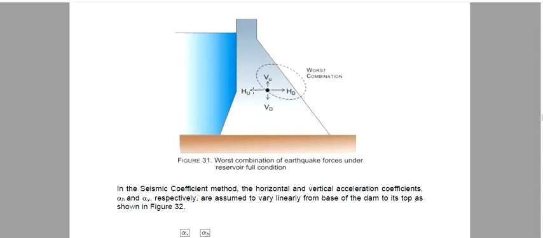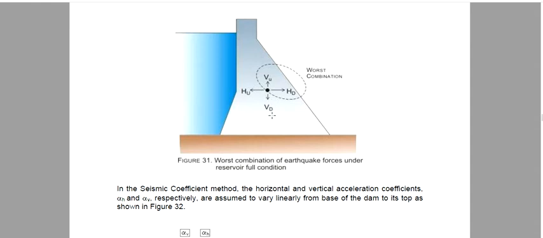As you can see, this is the horizontal earthquake force in the upstream direction, and this is the horizontal earthquake force in the downstream direction, and this is the vertical force in the upward direction, and this is the vertical earthquake force in the downward direction.